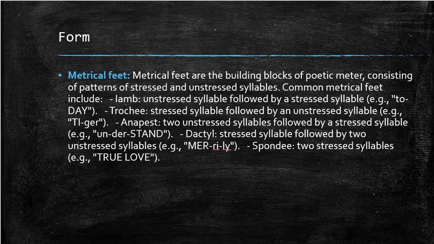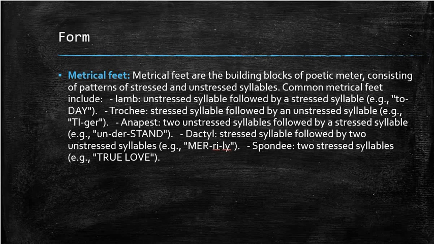Trochee, a stressed syllable followed by an unstressed syllable, for example, tiger, tiger. Anapest, two unstressed syllables followed by a stressed syllable, for example, understand, understand. Dactyl, a stressed syllable followed by two unstressed syllables, merrily, merrily.